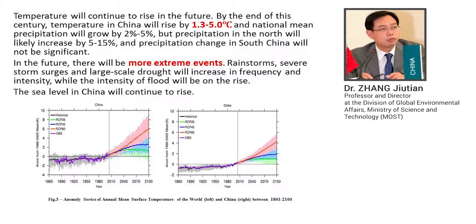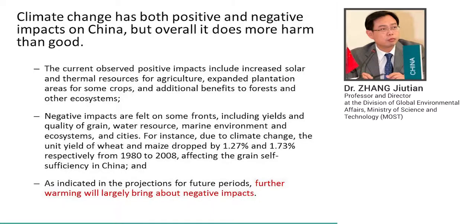And climate change has now caused both positive and negative impacts, but the overall impact is not good. The currently observed positive impacts include the increased solar and thermal resources caused by the temperature rise, especially in the area of agriculture, and additional benefits to forests and other ecosystems.